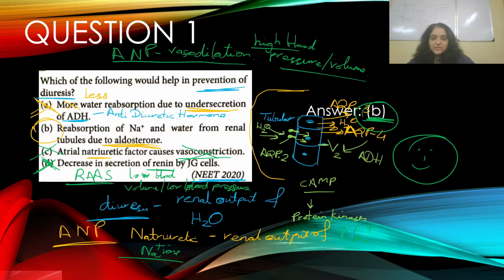In the case of ANP, it is not reabsorption, it is allowing diuresis to happen. If you understand this concept clearly, you can answer any question that comes with respect to this. So please pay attention. I would suggest you take down notes in your notebooks to help you understand.